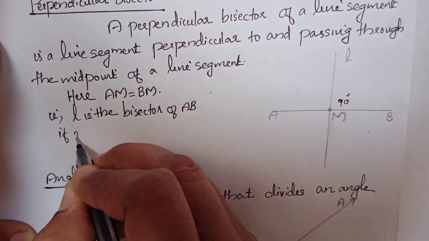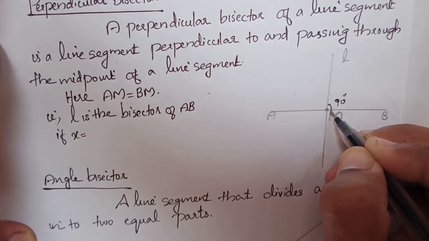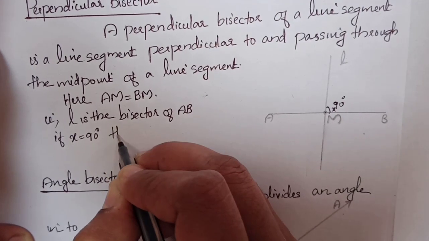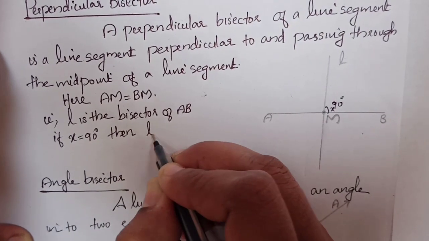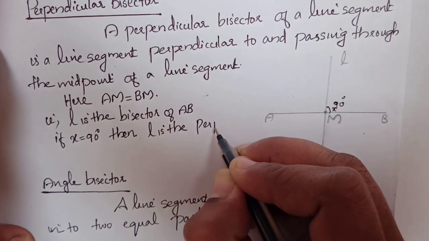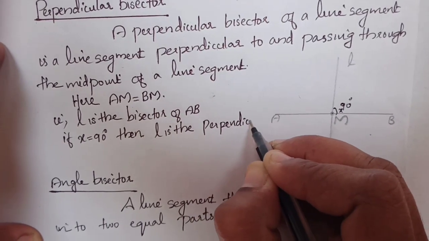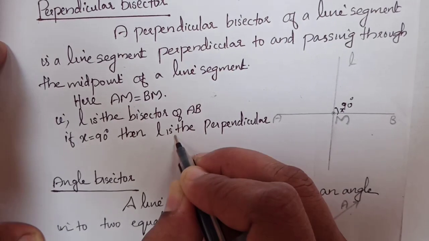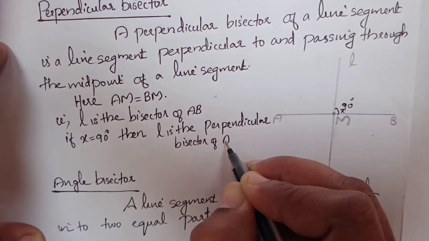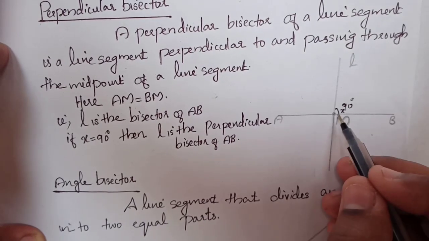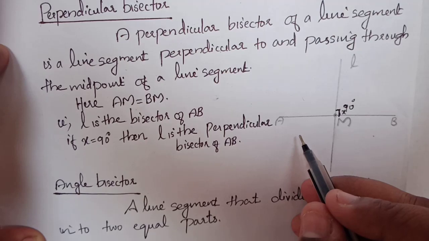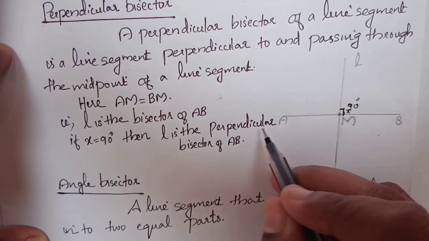If this angle x is equal to 90 degrees, then L is the perpendicular bisector of AB. Perpendicular means 90 degrees. Bisector means M is the midpoint.